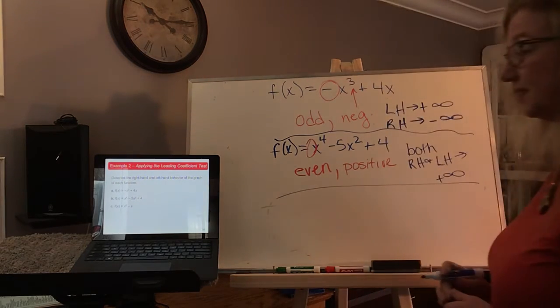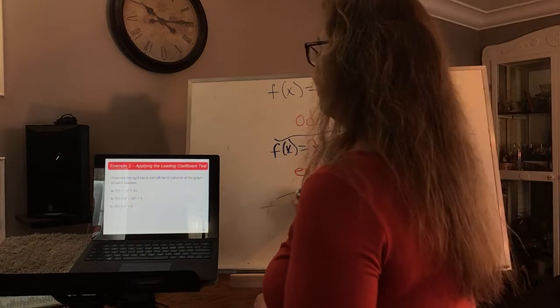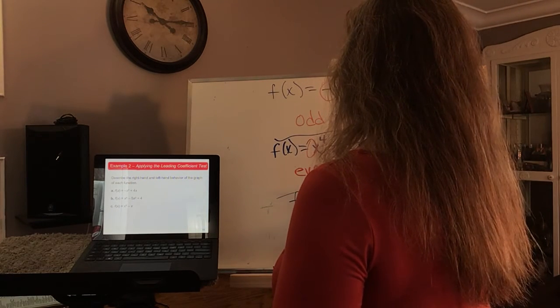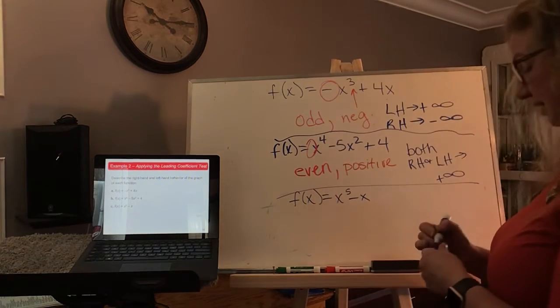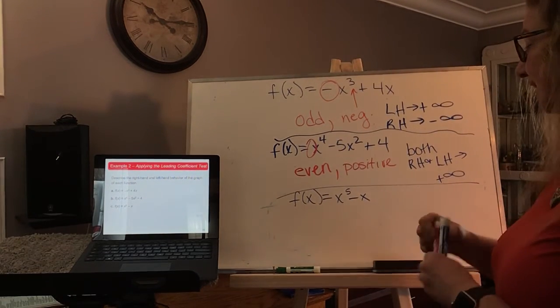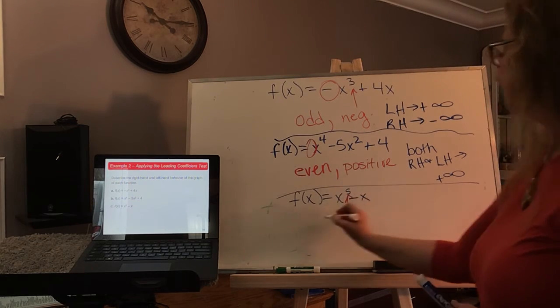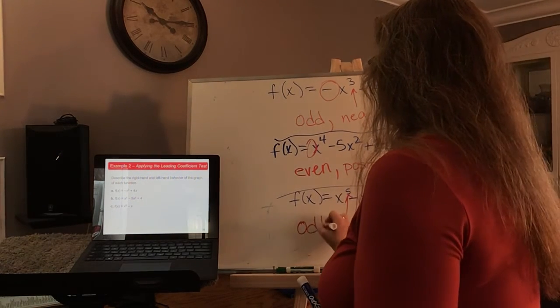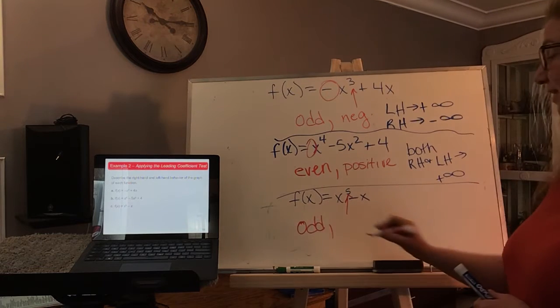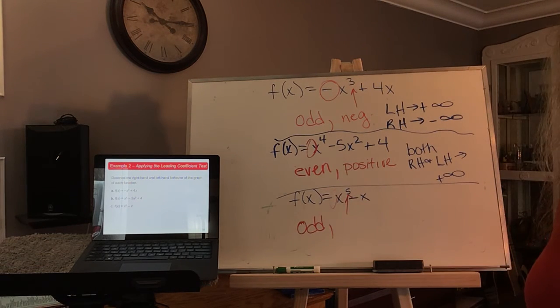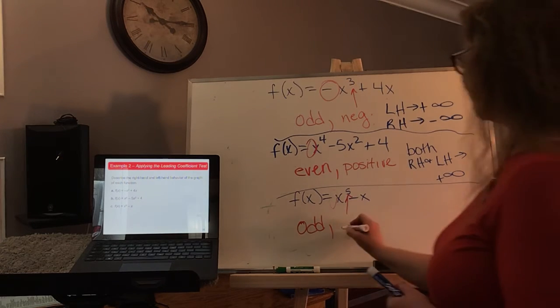All right, let's look at the last one. We have f of x equals x to the 5th minus x. Again, I'm going to look at this highest power. This highest power here is odd. It's an odd number, it's a 5. And this coefficient, again, it looks like there's no coefficient, but really there's a positive one.